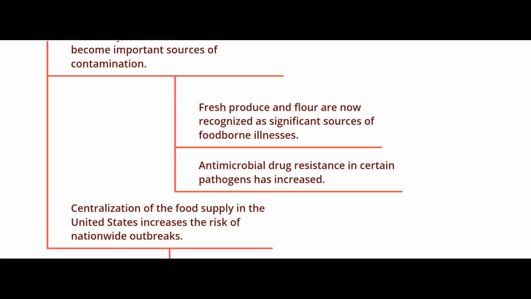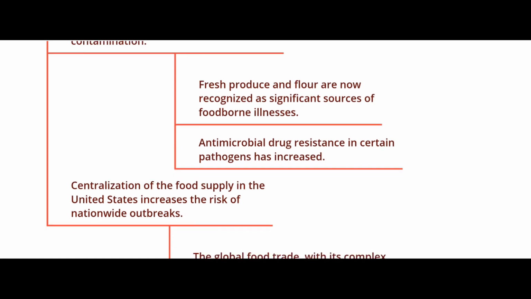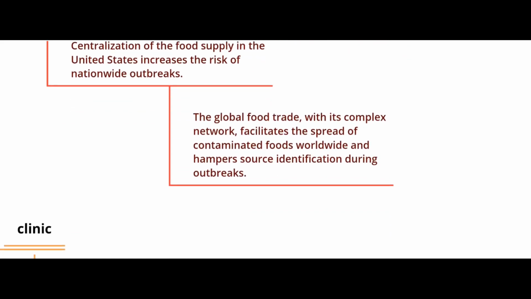The centralization of the food supply in the United States increased the risk of nationwide outbreaks while decreasing the risk of small sporadic cases. The global food trade with its complex network facilitates the spread of contaminated food worldwide and hampers source identification during outbreaks.